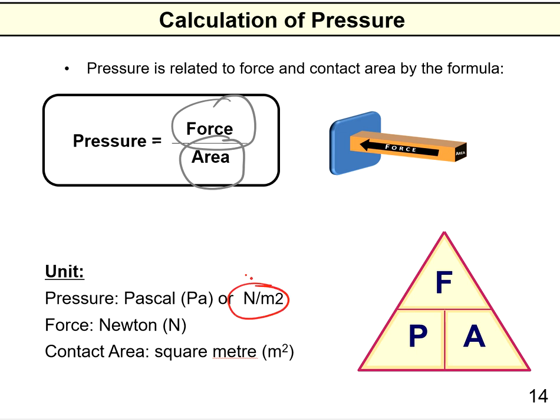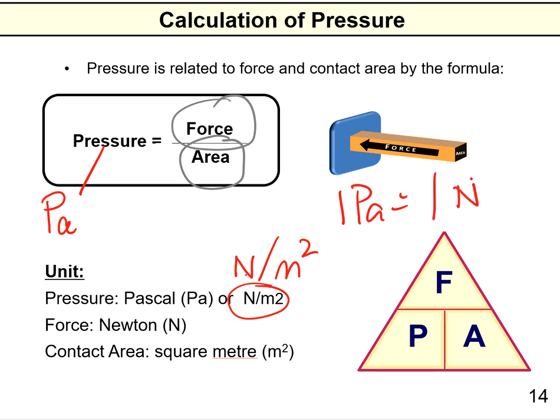There's a bit of error here; it should be newtons per square meter. So the unit for this is Pascal, or you can put newtons per square meter. They are the same because 1 Pascal is the same as 1 newton per square meter. The force is in newtons, the area is in square meters. Later on, we will take a look at some calculations and then we can practice.